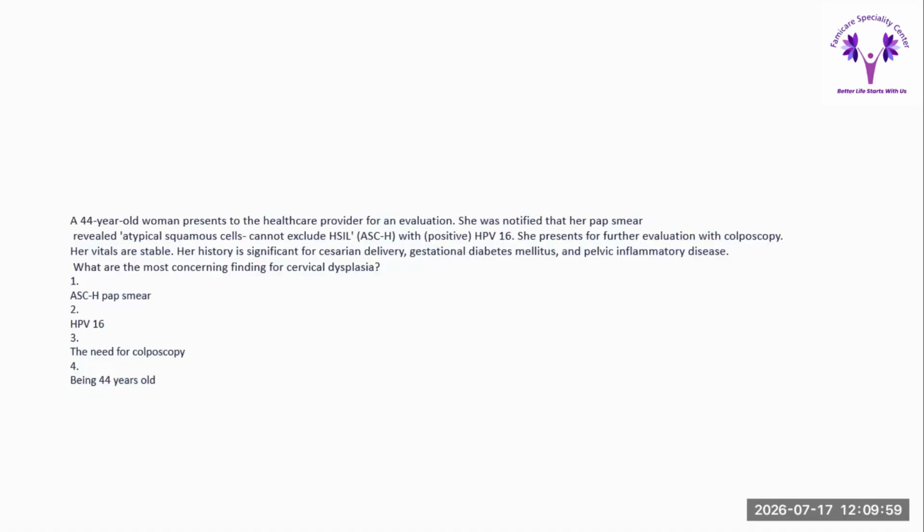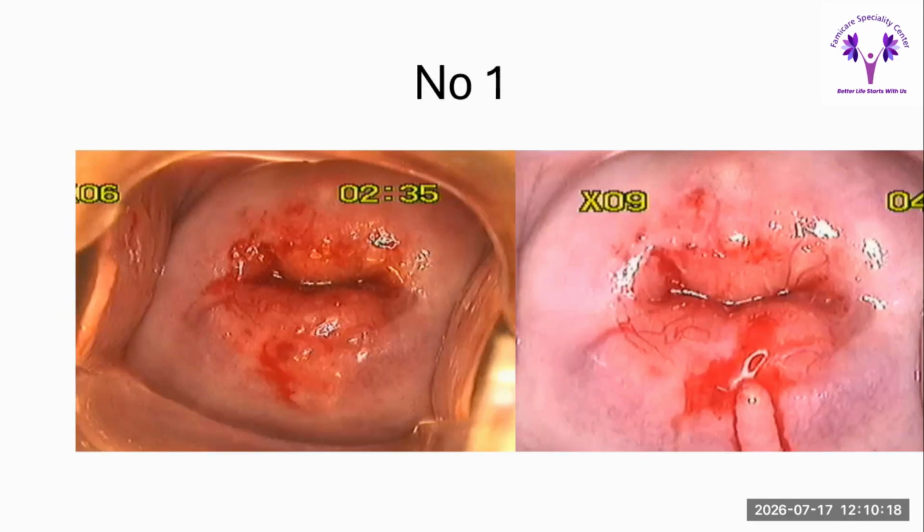This factor combined with age of 44 years is very, very important because this shows that the HPV infection, that particular 16, is persisting, and that is why it might lead to a precancerous lesion which we need to treat. So this is case number 1.